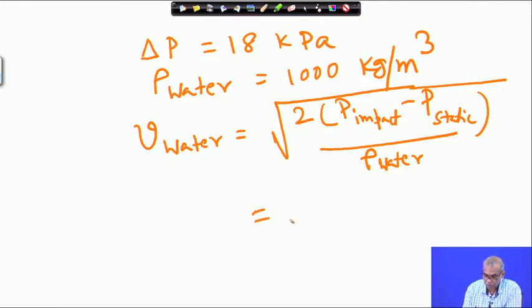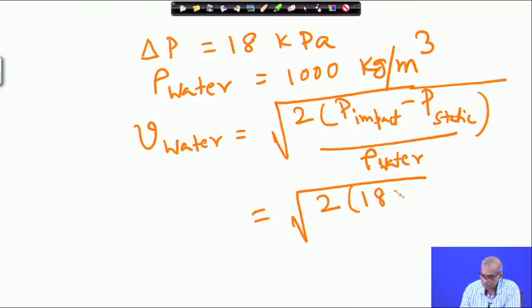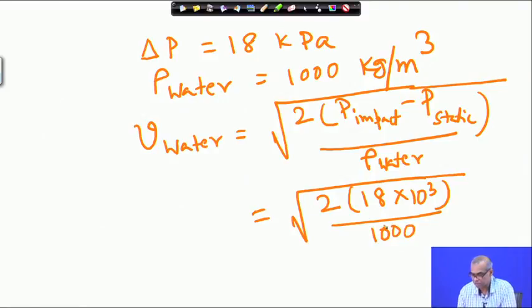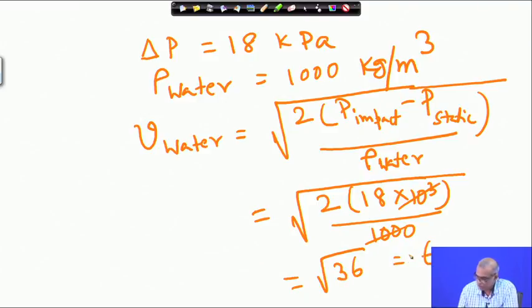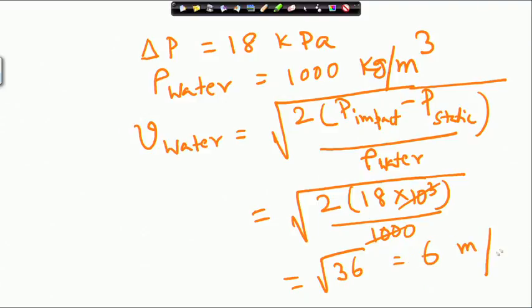So, we know all these values. 18 kilopascal, which is 18 into 10 to the power 3 Pascal, and density of water is given as 1000 kg per meter cube. So, this cancels out. So, this is 2 into 18, 36. So, this is 6 meter per second is the velocity of water.